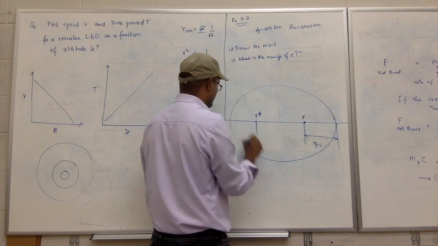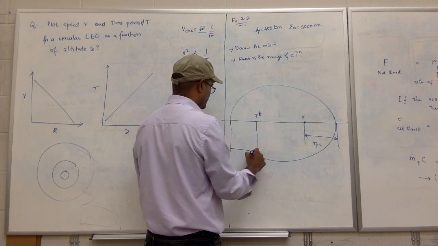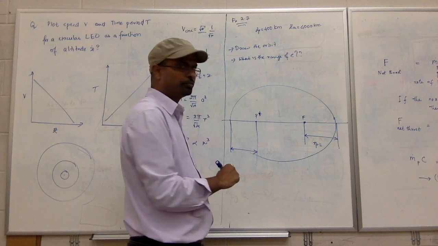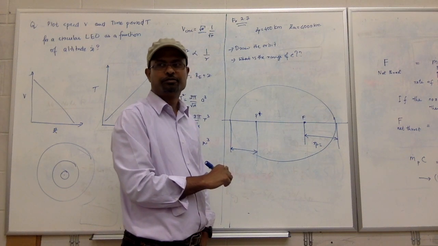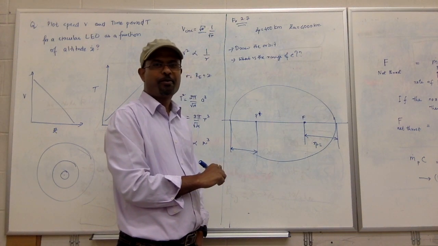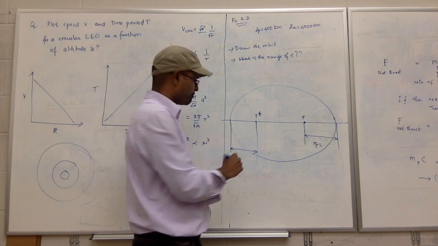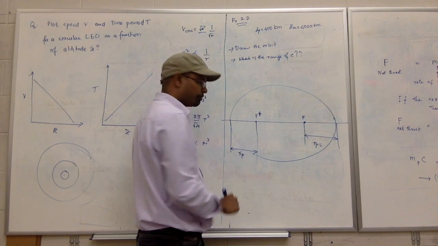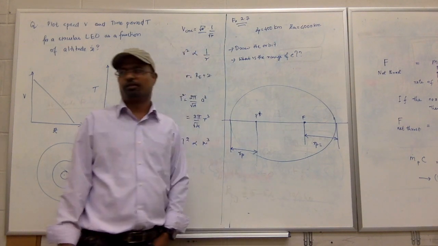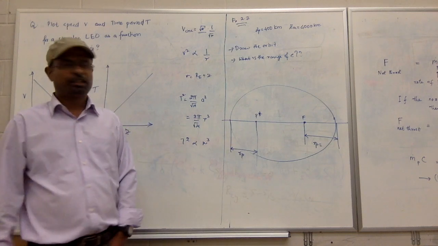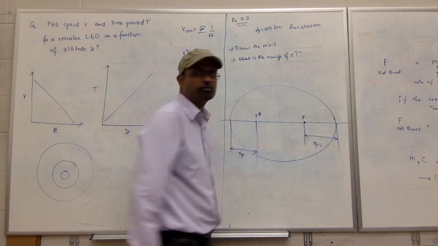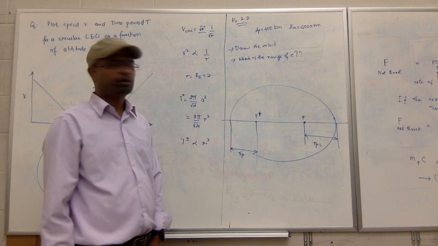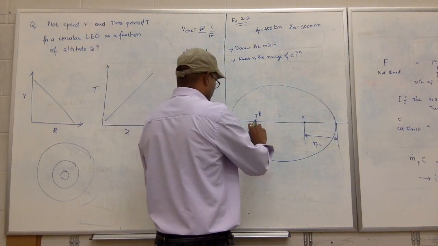What is this distance? Trick question. The way you were drawing it, I couldn't see. That's nothing. This is also RP. The distance, I'm asking you the distance. It's equal. This has to be equal to this.